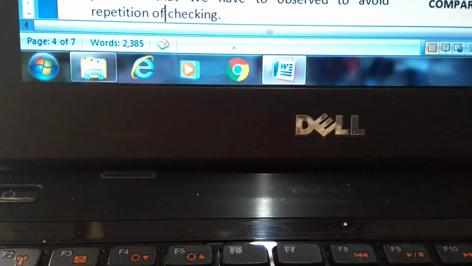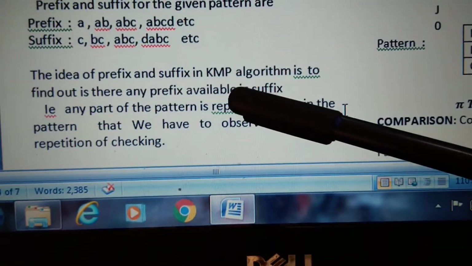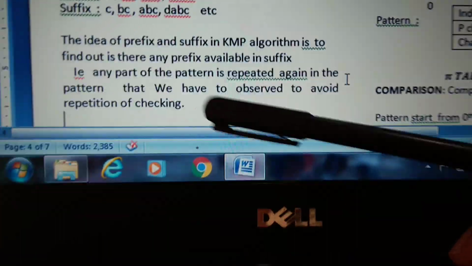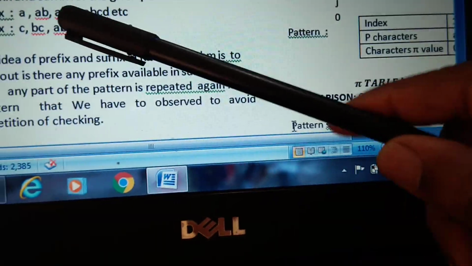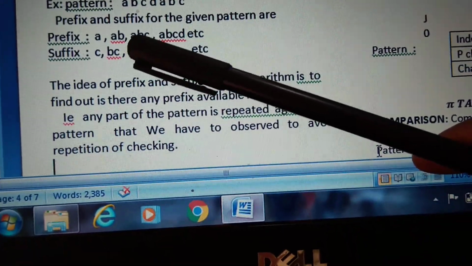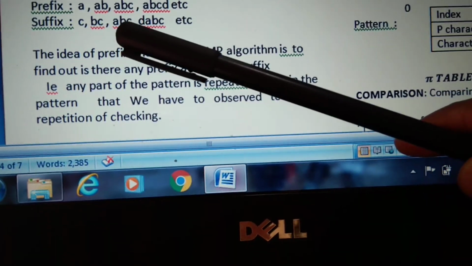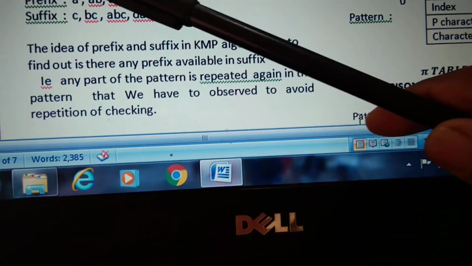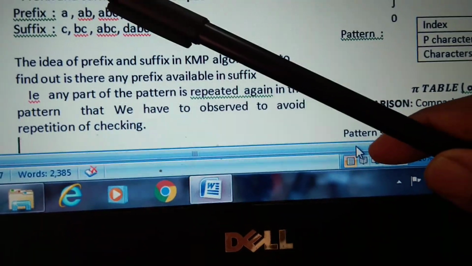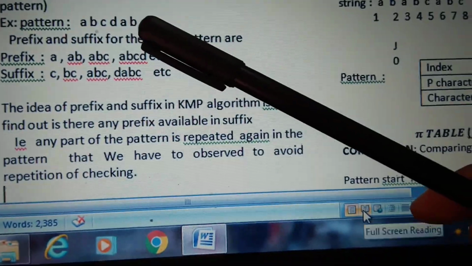So why do we need to find suffix and prefix? Here the idea of prefix and suffix in the KMP algorithm is to find out whether any prefix is available in the suffix. That means in the prefix we have written there is a word ABC. The ABC is repeated in the suffix ABC. That means in the given pattern ABCDABC, the word ABC is repeated one more time.